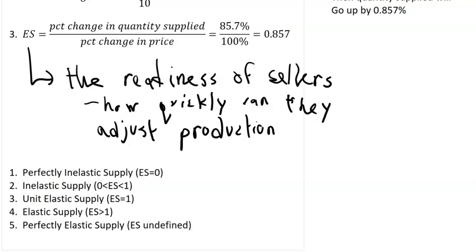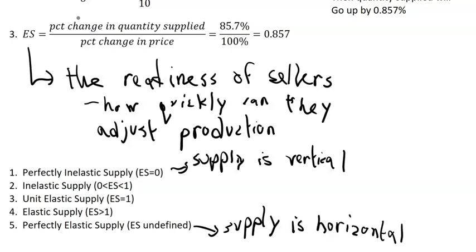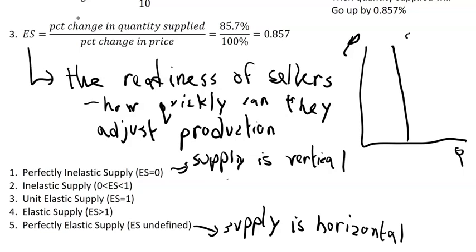If we look at the shape, perfectly inelastic supply is going to be a vertical line. The perfectly elastic supply curve is horizontal, and the other ones are of different shapes. So if supply is vertical, and this is my price and this is my quantity, this is the supply curve.